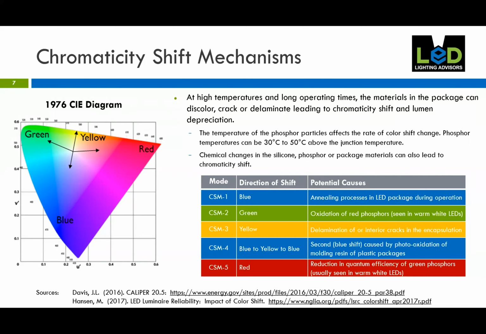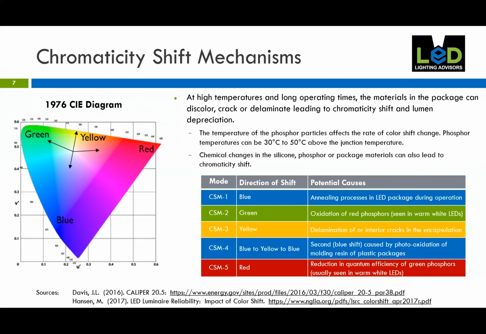For example, at higher temperatures or longer lifetimes, the materials in the LED package will start to degrade, discolor, crack, or even delaminate, which will impact both the lumen maintenance and the chromaticity shift behavior. Temperature effects, such as rising temperature in the phosphor particles, can also affect the rate of change in the color shift. And other materials, such as silicones, resins, and even phosphors, can undergo chemical changes that lead to the color shifts.